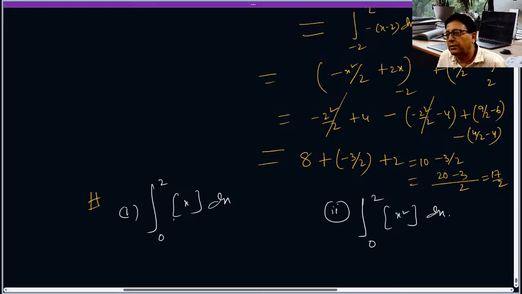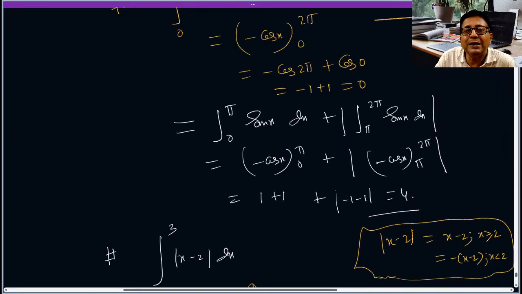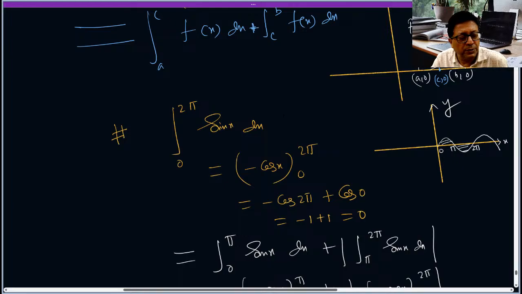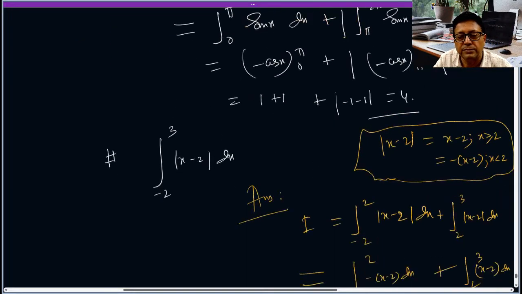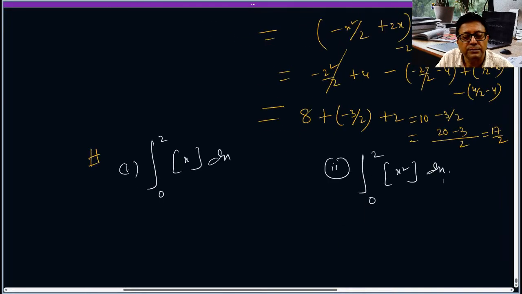How to evaluate? This property only, where we express one integrand as a sum of 2 or more integrands. Okay, try this one, modulo x dx.